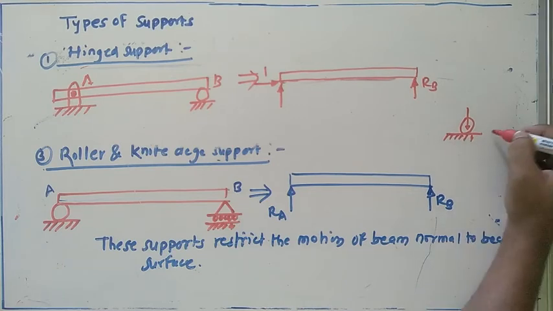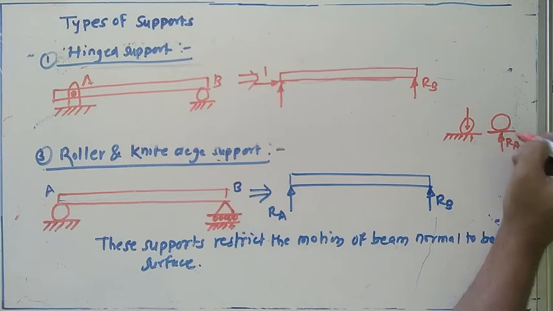That's why you get the reaction on that roller from the bottom of this one. Why the bottom? Because the restriction comes towards the motion in the downward or upward direction. That's why one reaction will come here.